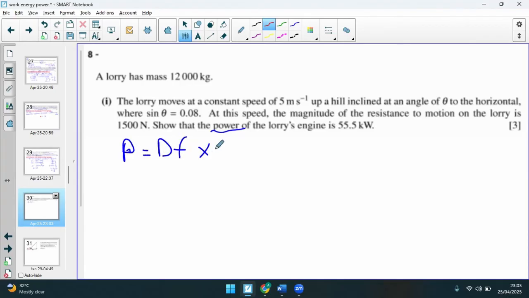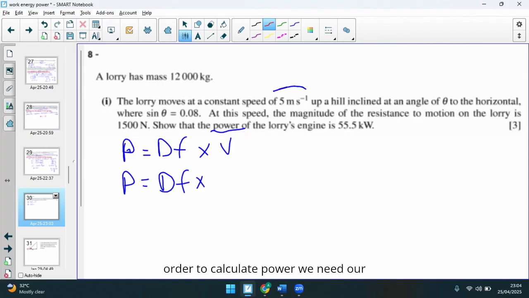Now it says show that the power is 55,500. Now we can't use this value, right? Because this we need to show. This is going to be the answer. So we can't use this. So power we are calculating. Driving force we don't have. Velocity is 5. So in order to calculate power, we need our driving force somehow.